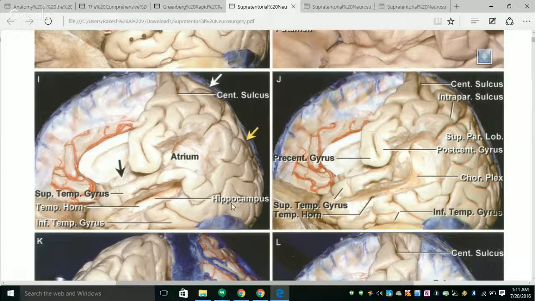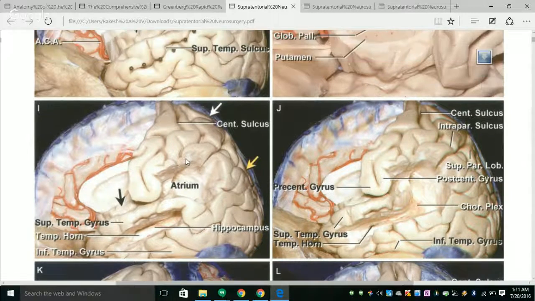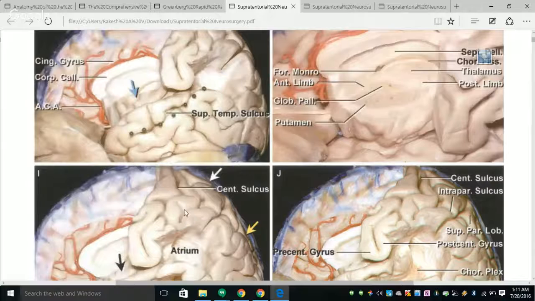And then it says the atrium is deep to the supramarginal gyrus. The atrium of the lateral ventricle is deep to the supramarginal gyrus. So exactly as we see here, where the supramarginal gyrus was a minute before, now is the atrium. Deep to it is the atrium.